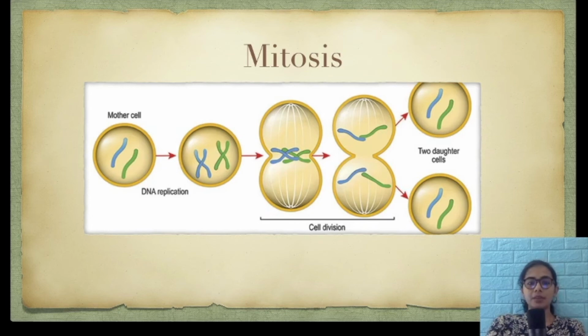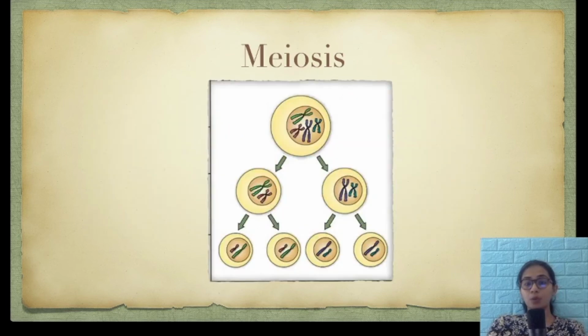Now let's look at meiosis. Clearly, it's a little bit more complicated, right? In this, you can see there are two consecutive cell divisions that happen, right? In the first cell division, you can see that the chromosomes are dividing into two different types of daughter cells, and they in turn give rise to 4 different types of daughter cells, which have different combinations of the chromosomes.